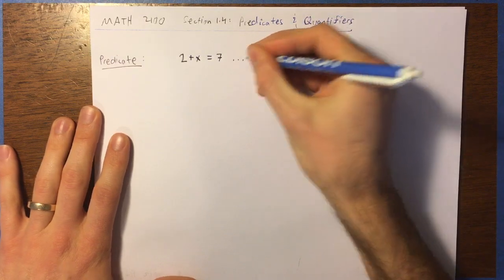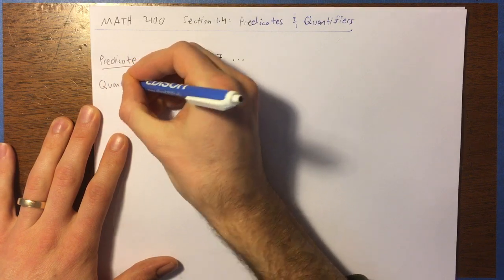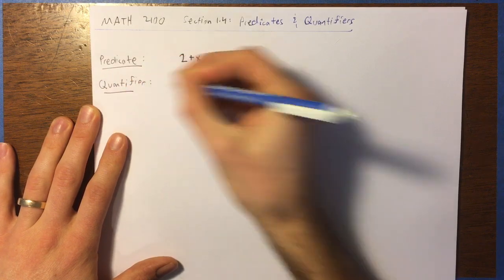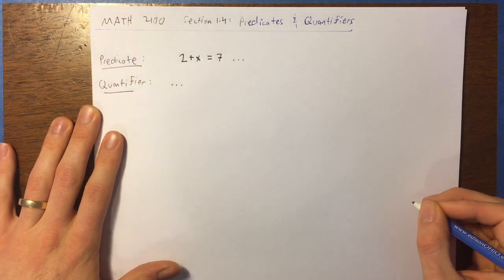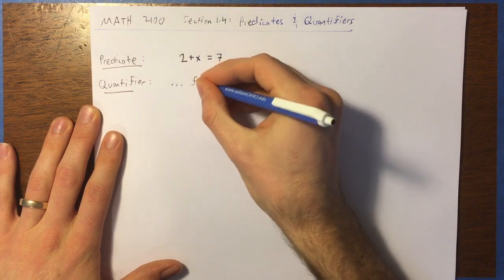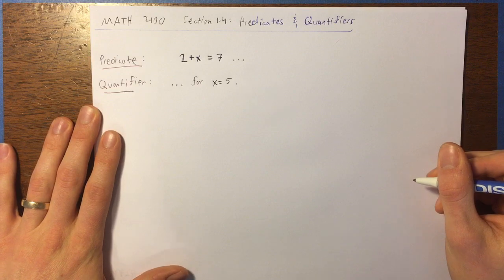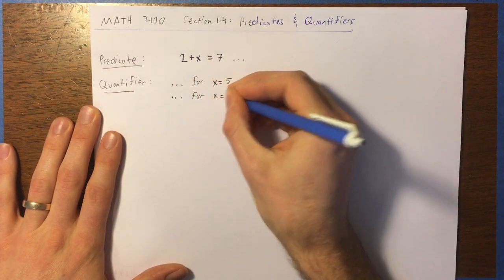This requires something called a quantifier. Let's look at some examples of quantifiers. So we could finish up this statement, 2 plus x equals 7, by saying for x equals 5. That would be specifying the value of the variable. We could say for x equals 2, okay?